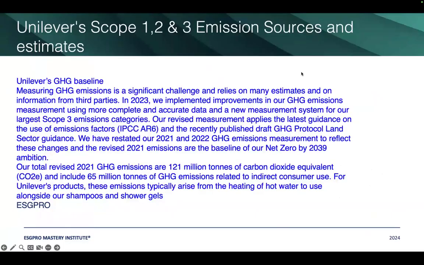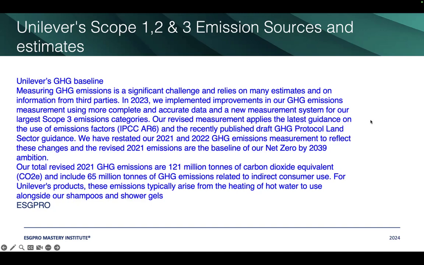Okay, let's understand one small case study. I will not go into detail. We will share this case study later with you guys. That is the case study of Unilever. So Unilever, when they reported recently in 2023, also reported about a change of their baseline. Generally, whenever you start a project or you want to make some changes in your existing reporting cycle, you change your baseline.